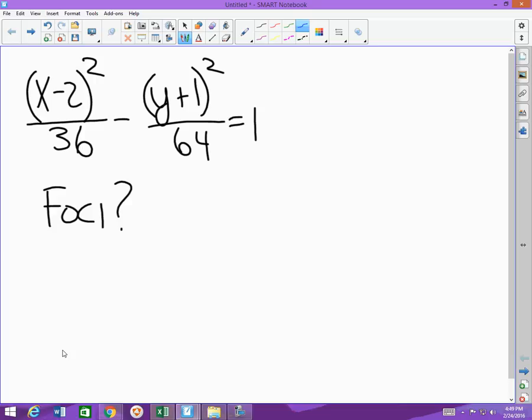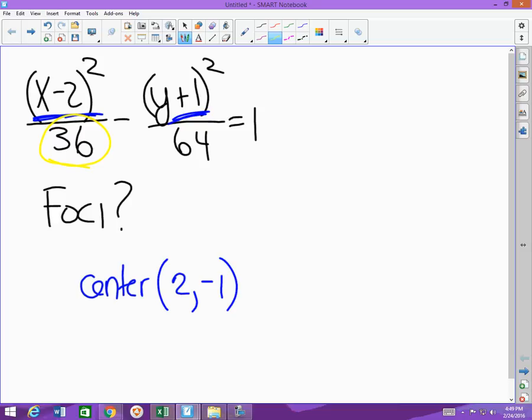Well, first off, because this is x minus 2 here, the center of it is going to be at 2 comma, and because that's a plus 1, it's 2 comma negative 1. So that's your x and y. Then, because this is 36, it's the positive part.